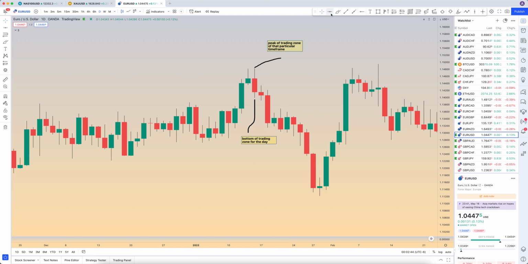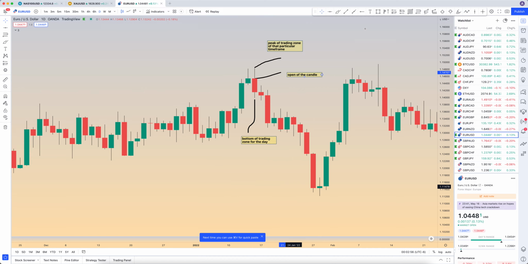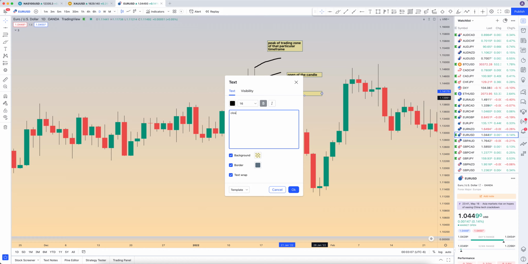Okay, this part of the candle is what's called the open of the candle. And right there, oops, that's a terrible line, sorry. Right there, close of the candle.